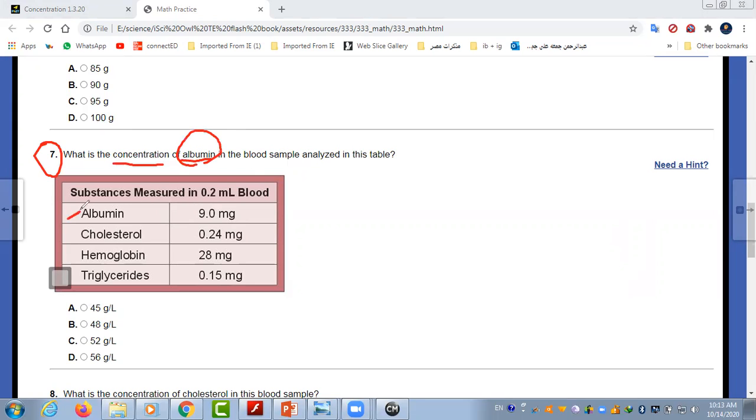Here you have albumin, cholesterol, hemoglobin, triglyceride, but he is only asking about albumin. For albumin, it is milligram per liter substance measured, and this is your 0.2 milliliter. So you have to know which one is mass, which one is volume, and calculate concentration. Calculate it and send it on chat.